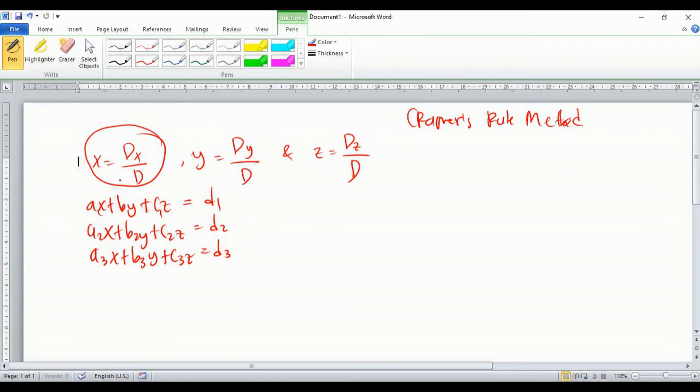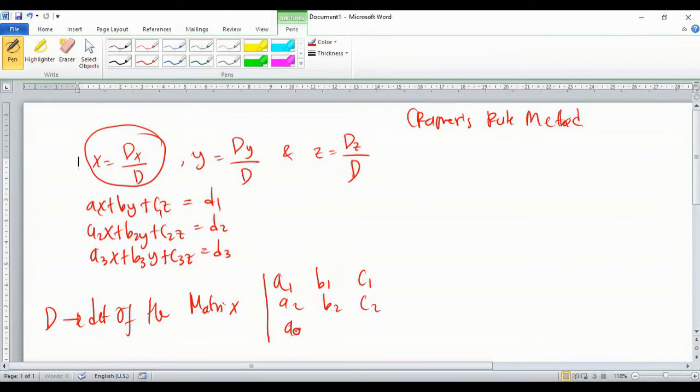What is the D? D is the determinant of the matrix. What matrix are they talking about? Their matrix is a1, b1, c1, a2, b2, c2, a3, b3, c3. So this is the D. Okay, how about Dx?